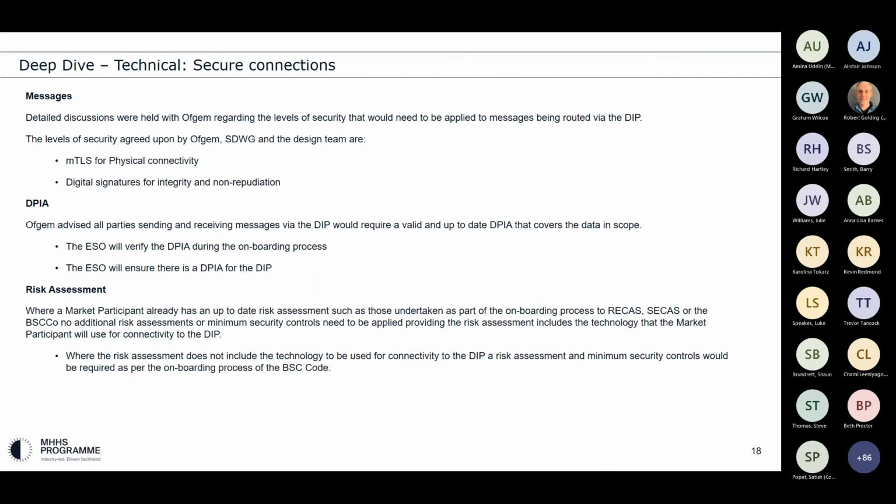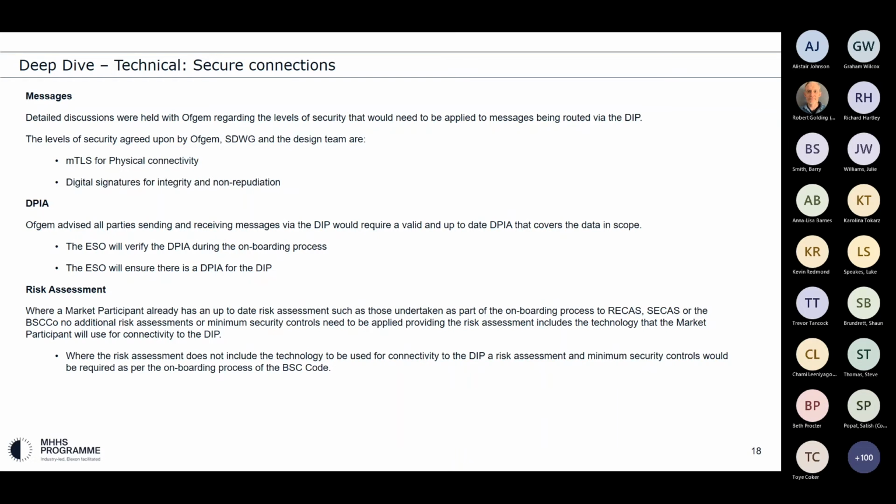We've had many detailed conversations with Ofgem regarding what the security aspects will be for connecting to the DIP, and where we've come to, as per other projects within the industry, is MTLS for the physical connectivity between the market participant and the DIP platform, and we'll be using digital signatures for the message integrity and non-repudiation aspects for messages sent through the DIP.